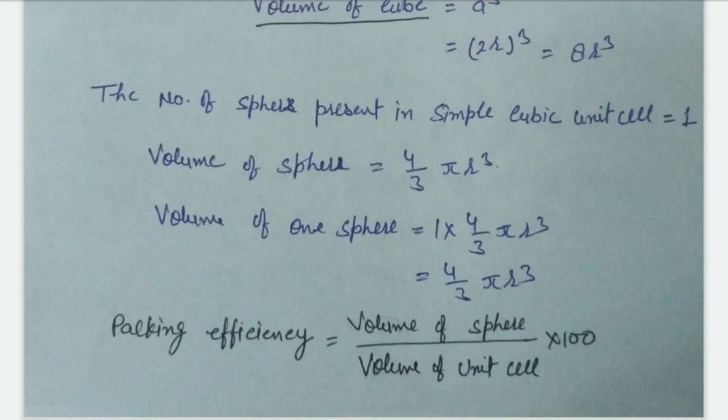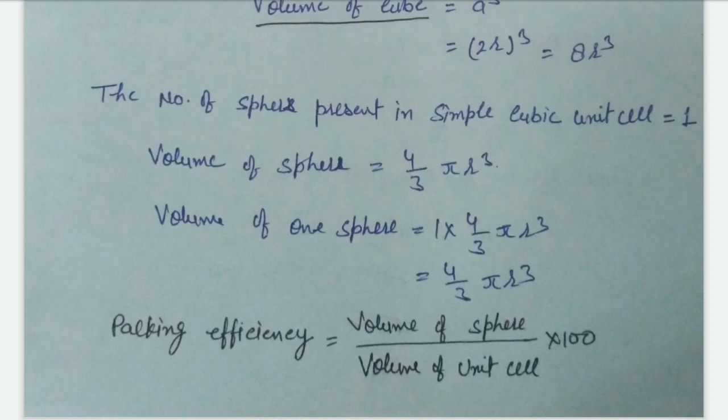Volume of sphere is calculated by the formula 4 by 3 pi r cube. There is only 1 sphere, therefore the volume of 1 sphere is 1 multiplied by 4 by 3 pi r cube, which is equal to 4 by 3 pi r cube.